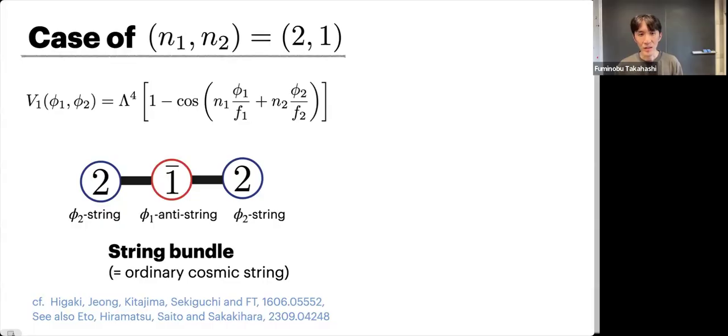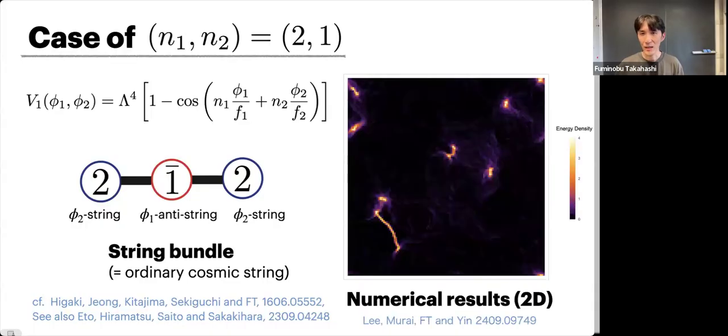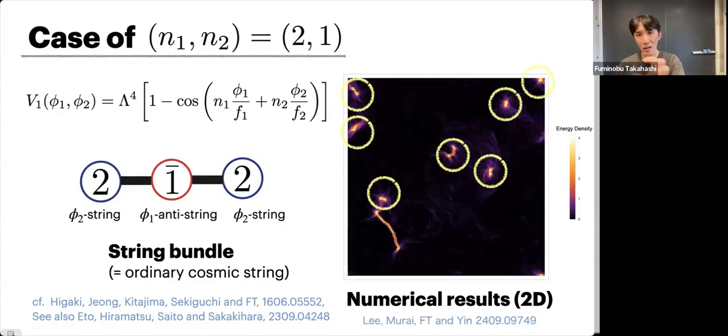And we performed the numerical lattice simulations first in 2D, and this is the result. Each side corresponds to 2 hyperhorizons. So in this snapshot, the lattice contains 4 hyperhorizons. And you can see that indeed there are cosmic strings connected by domain walls.